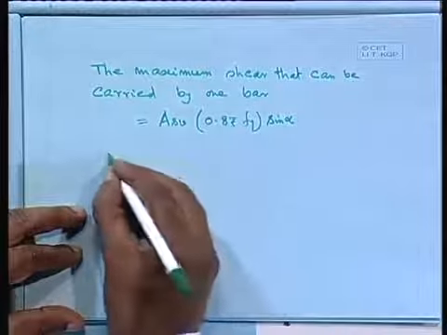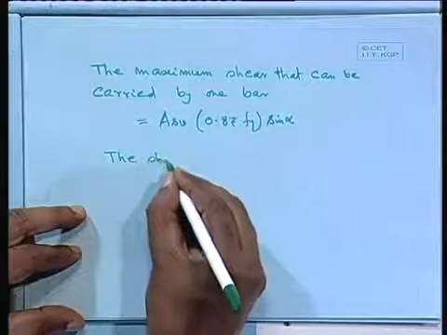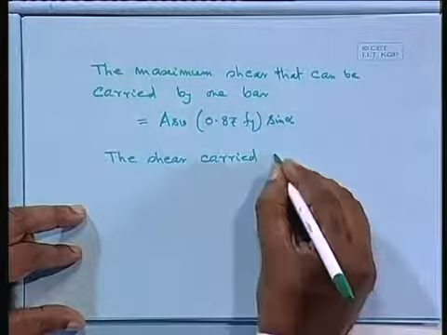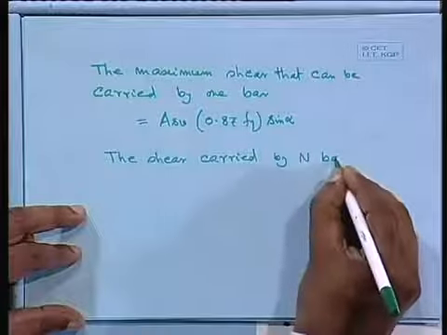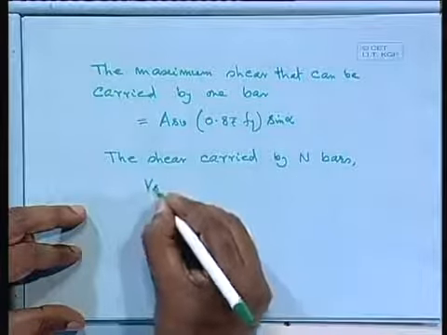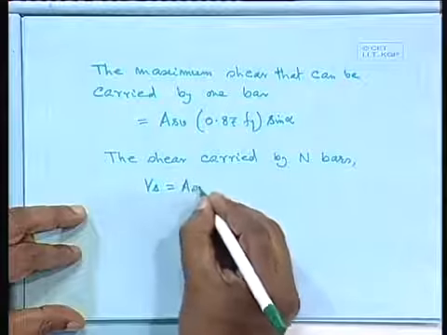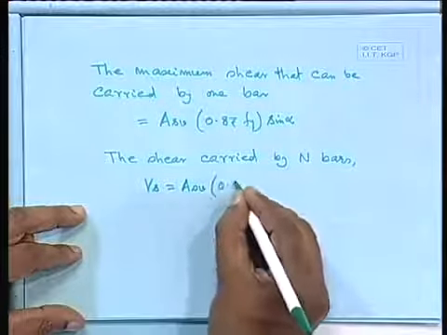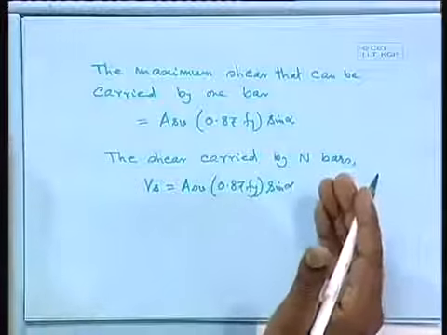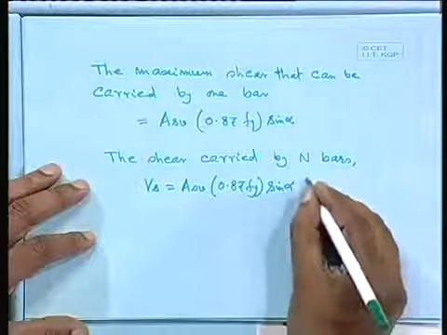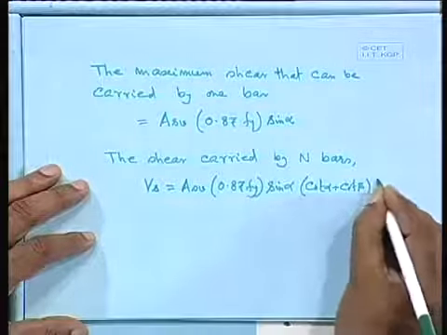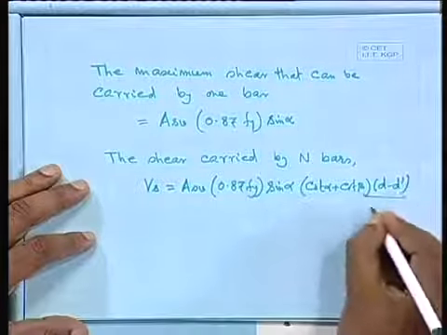So the shear carried by n bars, say that is your Vs, equal to ASV times 0.87 Fy times sine alpha for one inclined stirrup, times cot alpha plus cot beta, because already we have provided within this region D minus D dash divided by SV.